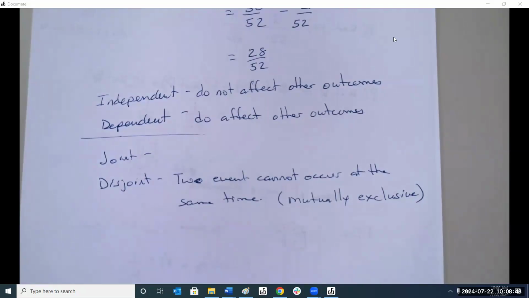And joint means that they can happen at the same time. Which that's a whole other story. So in our example we just had, the probability of a 3 or a red card, those are joint events because we can have two things happening at the same time. They are not disjoint.